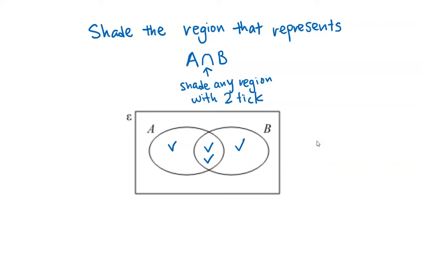I cannot shade any region with just one tick. There is no repetition. So I'm going to shade only this region. You can leave the ticks there, that's fine. Just make sure that you shade it correctly. Okay, so just to be a bit more complete and clearer. Alright, so that's for A union B and A intersect B.